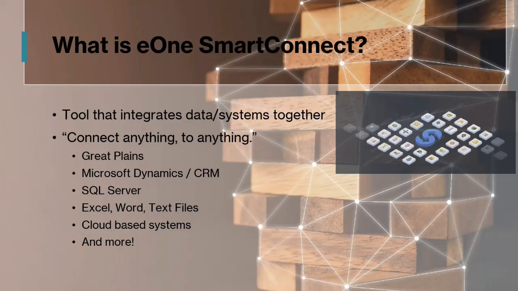Some of the new advancements in SmartConnect even allow us to connect to cloud-based systems that you don't necessarily have local on your network. It could be HR systems, rental packages that run on a server elsewhere. Microsoft Dynamics is actually a good example of a cloud-based system. And we'll get into more detail of that in a minute.